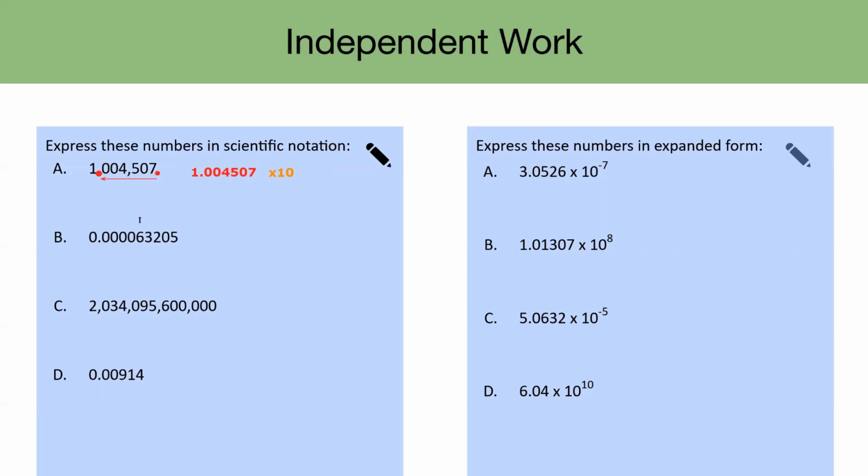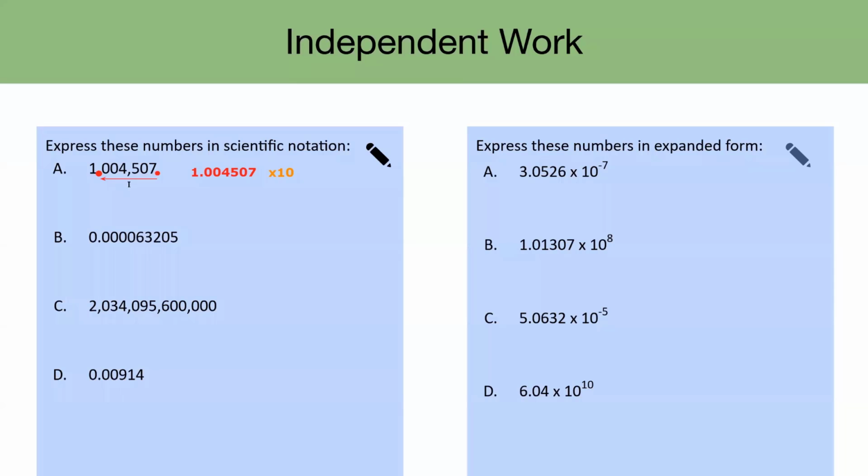Now, the exponent is how many times the decimal place moved from its original location. If we move it in standard notation to the left, our exponent is going to be positive because we are making a very large number into a smaller scientific notation. So let me show you what I mean. We're going to take that decimal place and move it 1, 2, 3, 4, 5, 6 times.